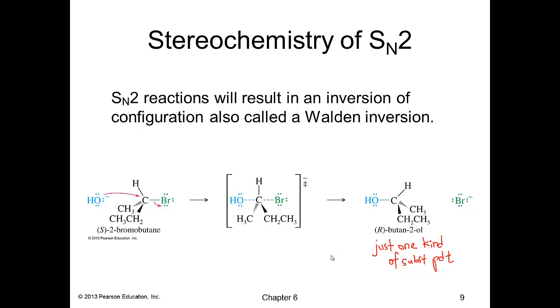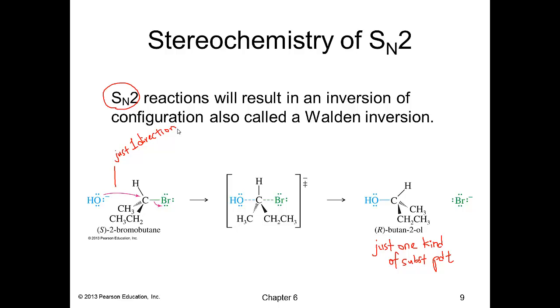And that is because in the SN2 reaction, the nucleophile's direction of attack is only in one direction. So if it's just one direction, I can only form one kind of substitution product.